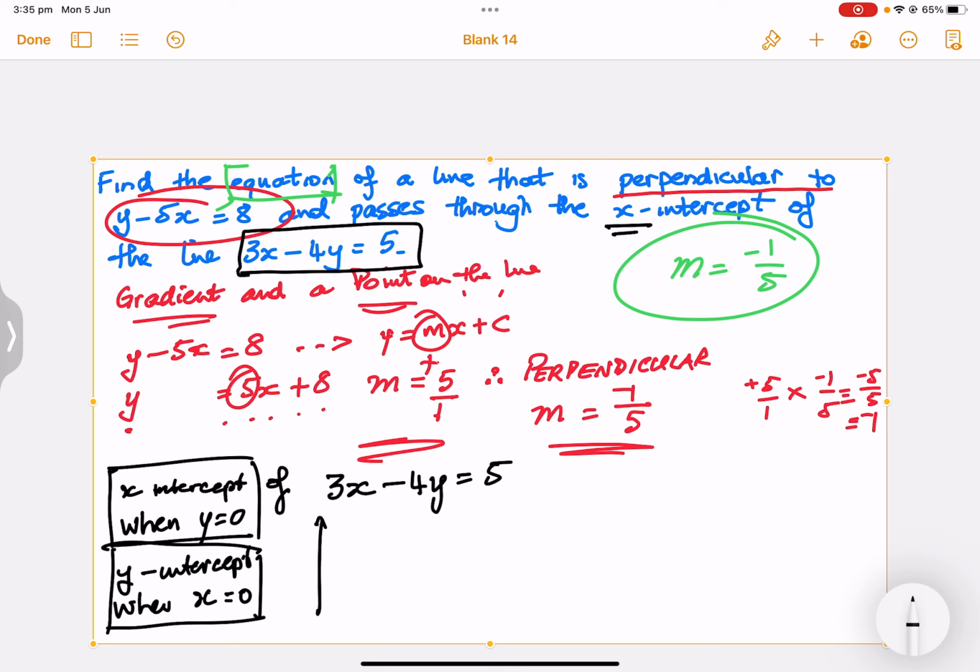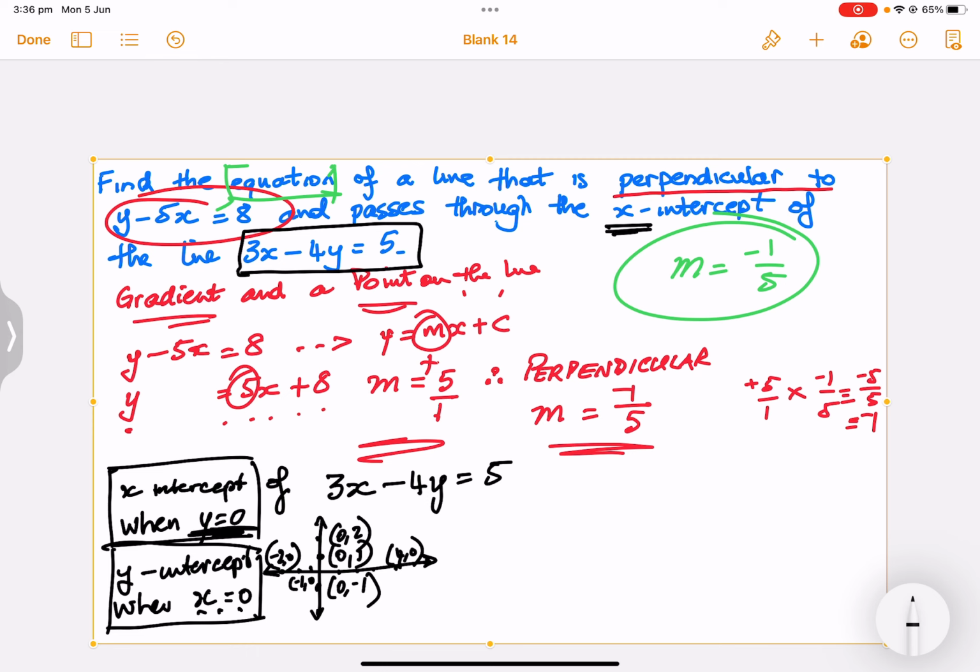Remember, all the way along the y-axis, you've got 0, 1, 0, 2, 0, negative 1. So all along the y-axis, you've got x is 0. And all along the x-axis, remember, you've got negative 2, 0, negative 1, 0, 4, 0. You've got a y value of 0.